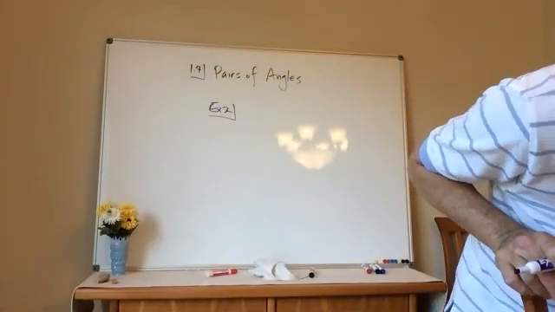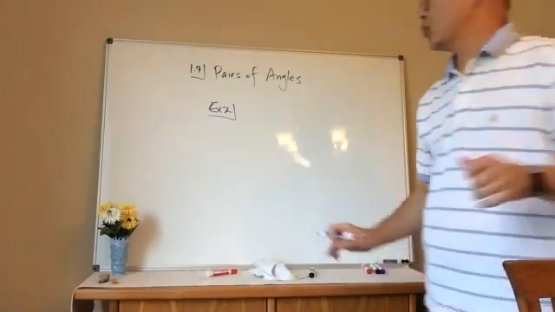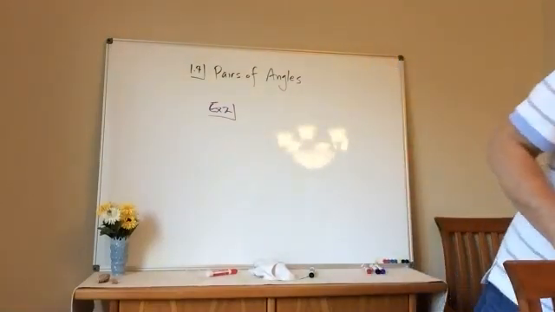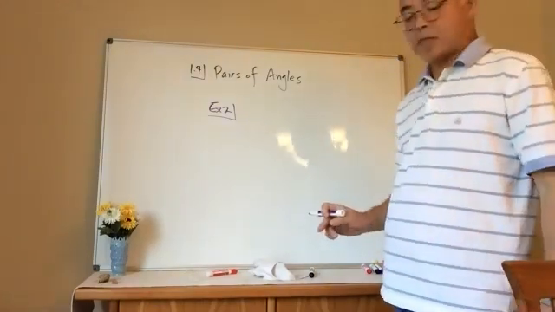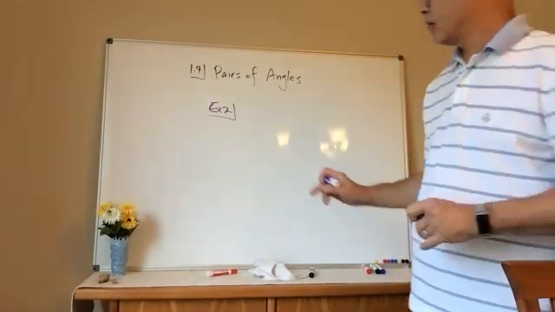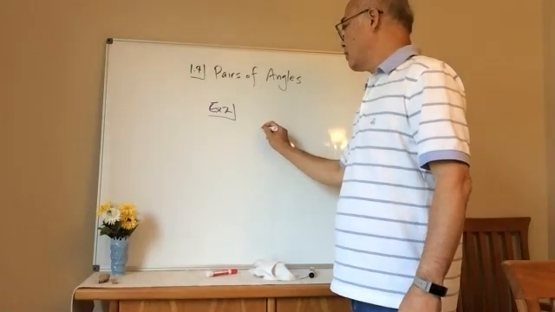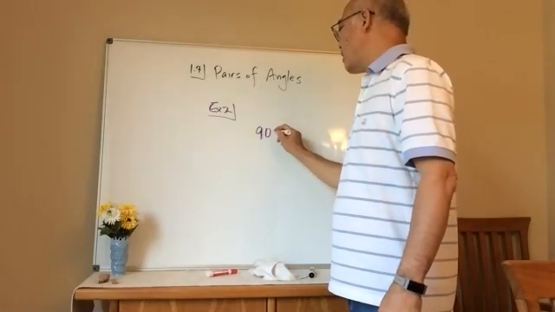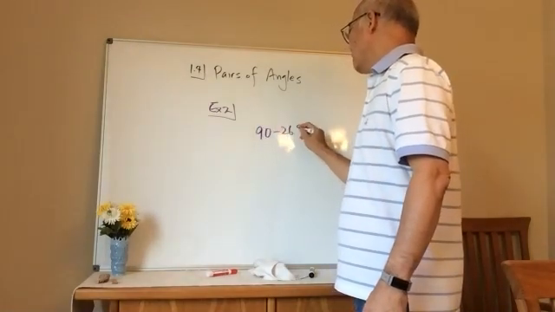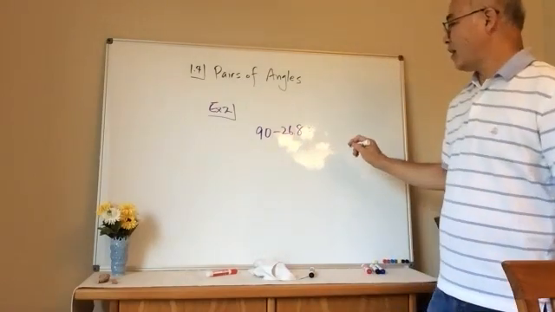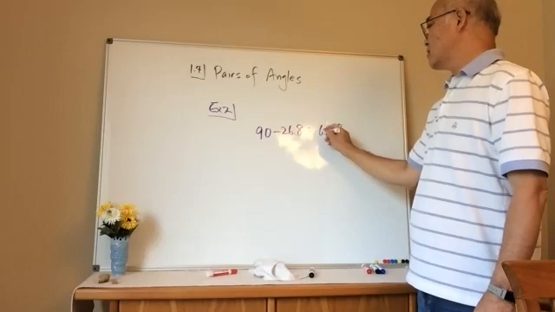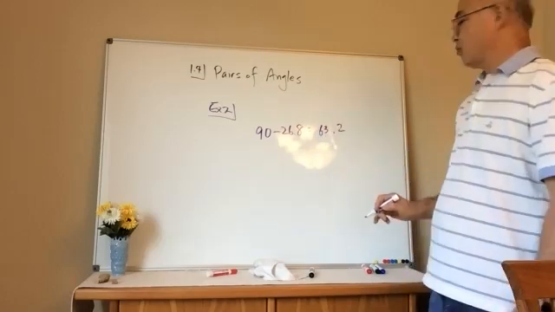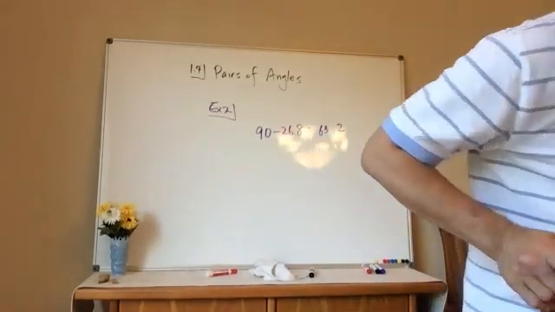Find the measure of the complement of m, where m is equal to 26.8. So how would I do that, Max? You'd subtract 26.8 from 90, right? The other way around. And you would get, let's see, 63.2, right?